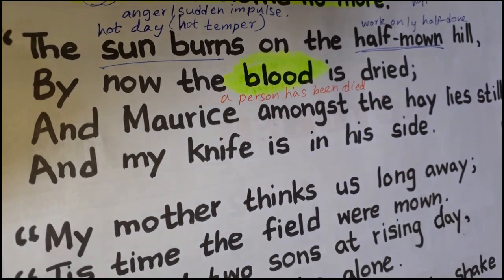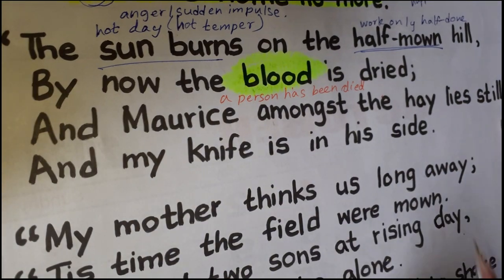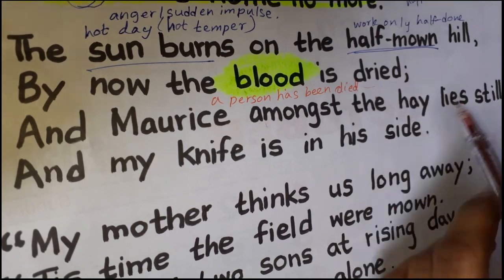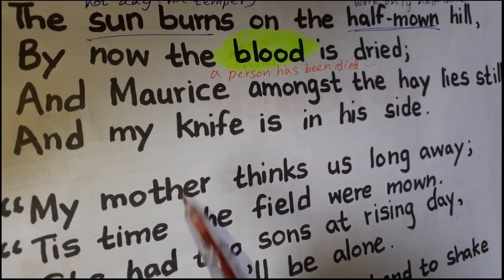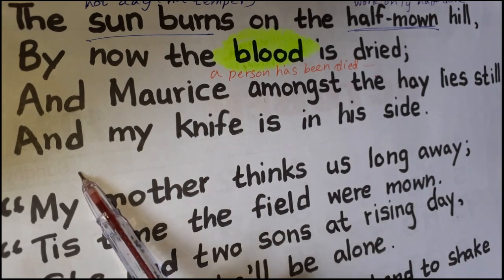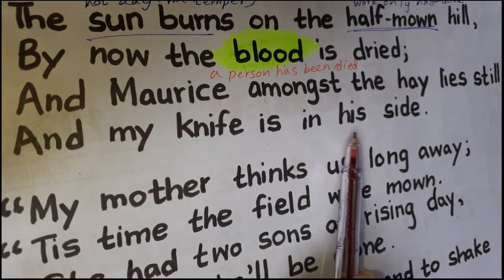And it's some time ago, that's why the blood has been dried, right? So you can see, and Maurice among us the hay lies still, and the knife is in his side.